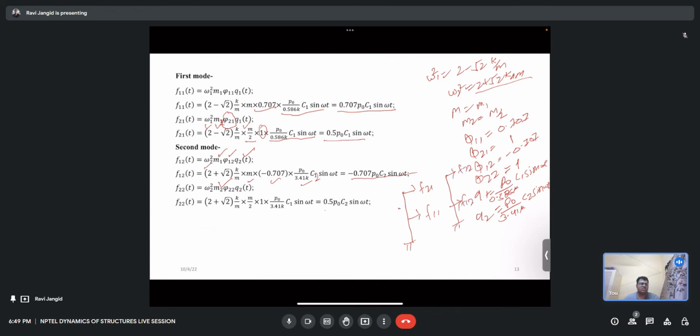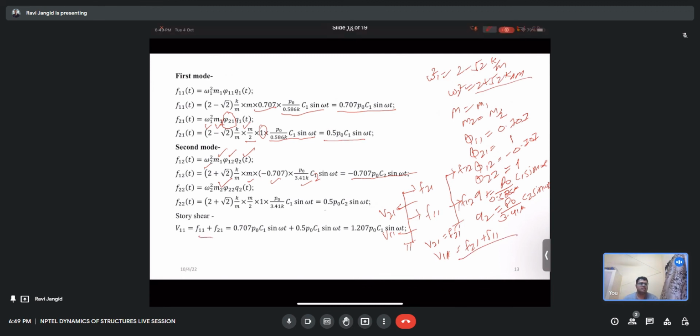So the shear force in this will be v21 and v11. v21 would be f21, and v11 would be f21 plus f11. The same for the second mode. So the story is here. v11 would be, as I have discussed, f11 plus f21.